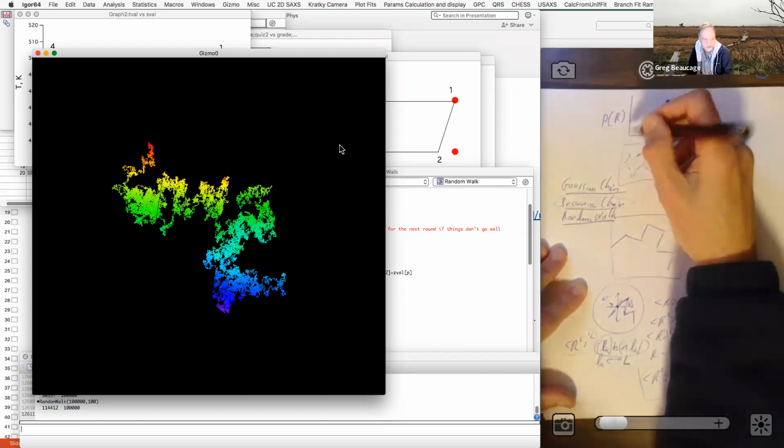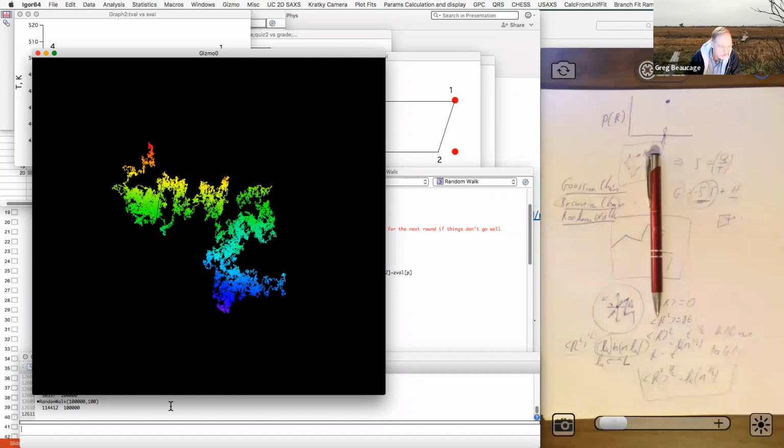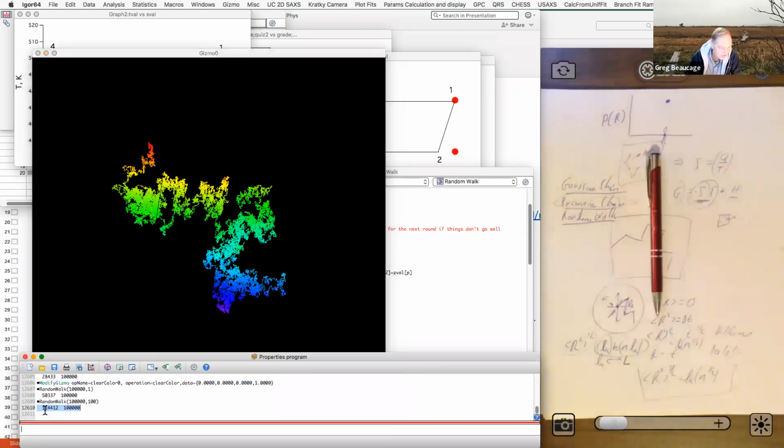Okay, so it finished, and for 100 chains, it got an average R squared of 114,000. And then the N that was put in was 100,000.